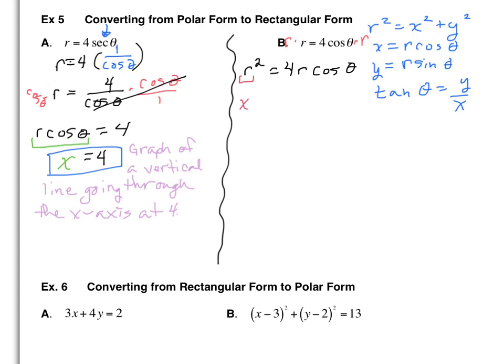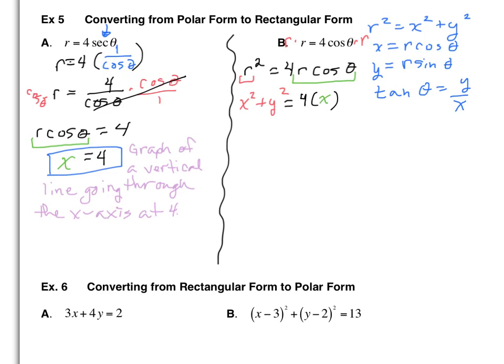X squared plus y squared equals, and then my r cosine of theta substitutes in for what? It's the same exact here as x, right? So we're going to replace this with x, but not the 4. So the 4 stays the same, and only the r cosine of theta gets replaced with x.